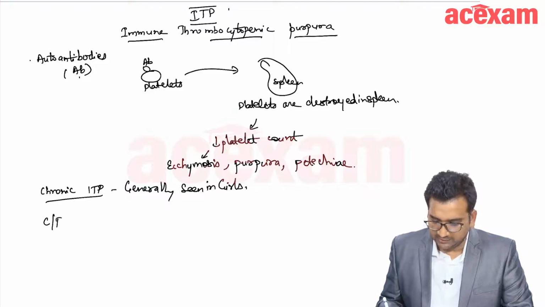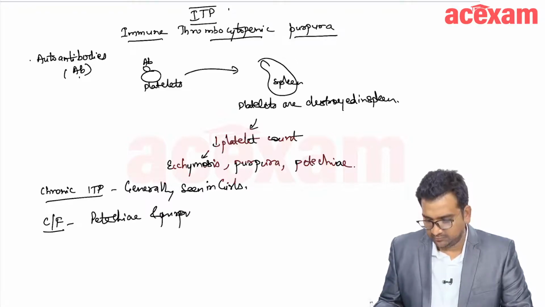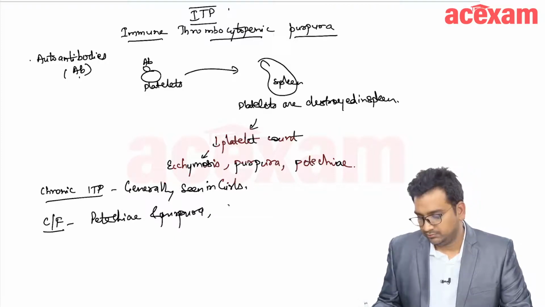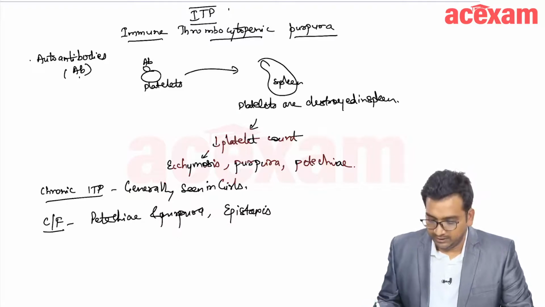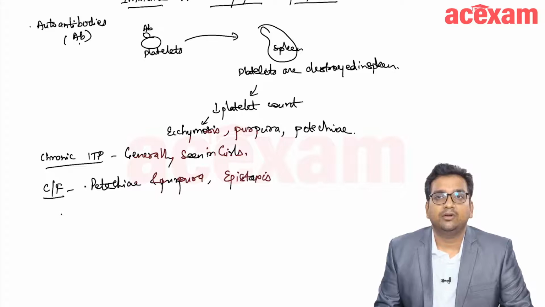The clinical features are presence of petechiae and purpura. Because of thrombocytopenia, there is presence of epistaxis also. Sometimes there is menorrhagia, and the spleen is characteristically normal in size.